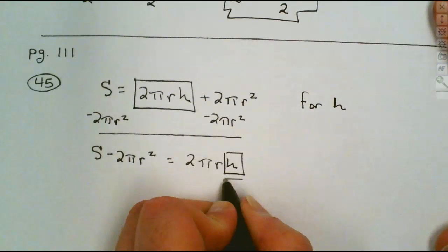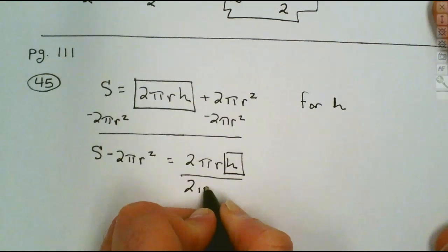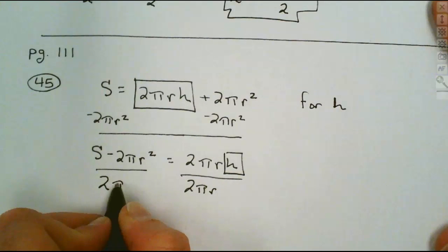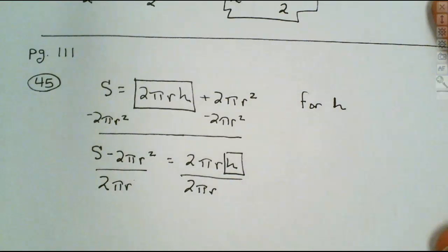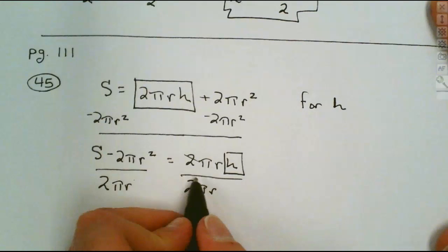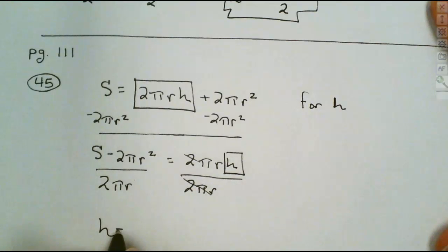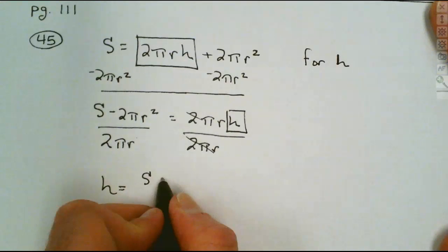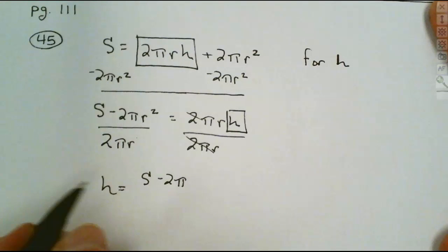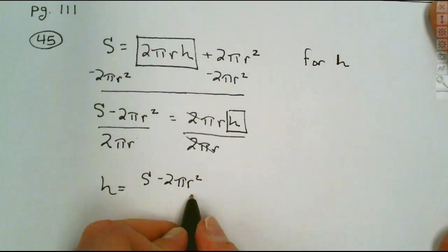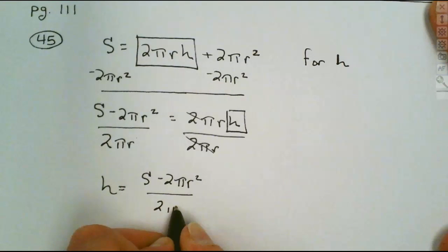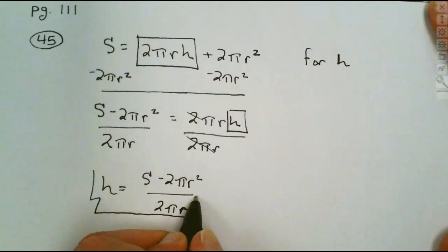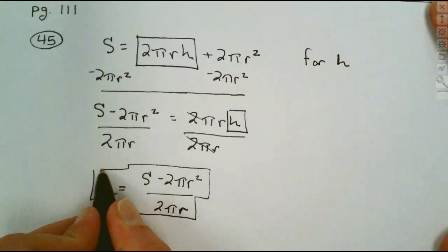We simply divide both sides by 2 pi R. And that is then going to solve our equation for H. So now we've got, those can cancel. Now we have H equals S minus 2 pi R squared over 2 pi R. And that's going to be your final finished answer.